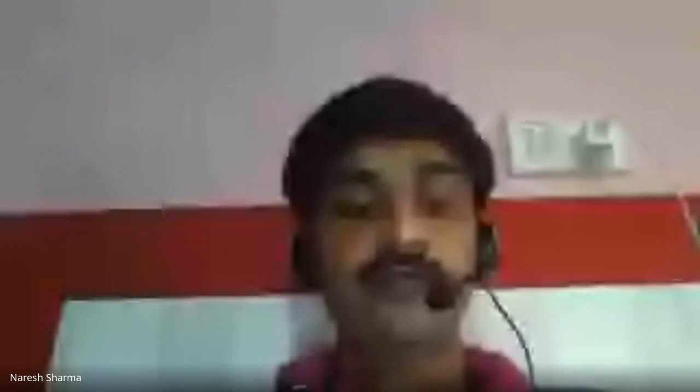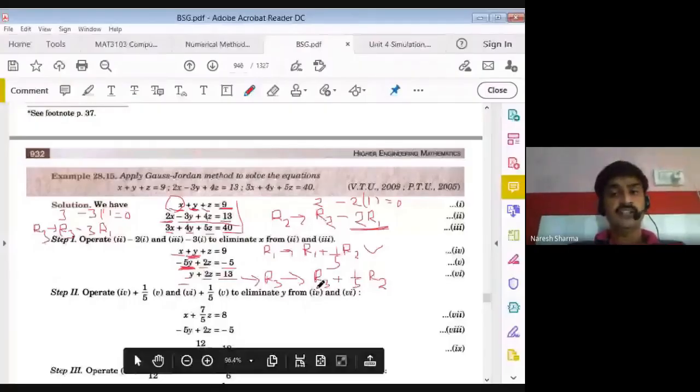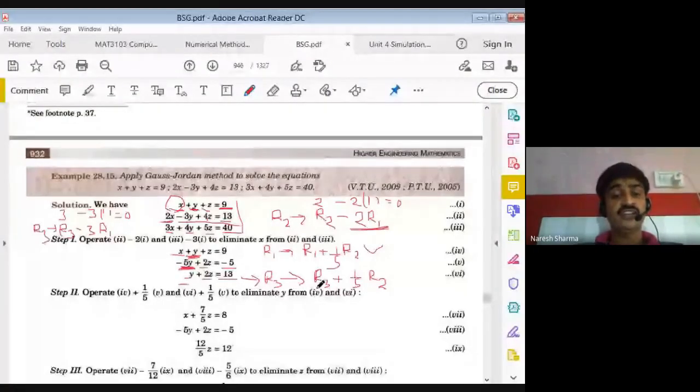Never multiply R. You may think here, if we multiply the third row by 5 and then add that, it becomes 0. So it becomes 0 in this particular case. In some questions it works, but in some questions you can see the number of operations increase. So it is advised to avoid that. In this situation, we can use partial pivoting.